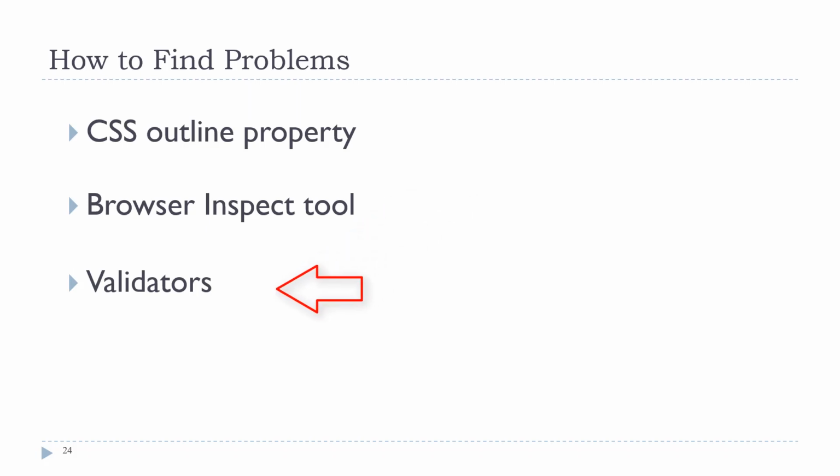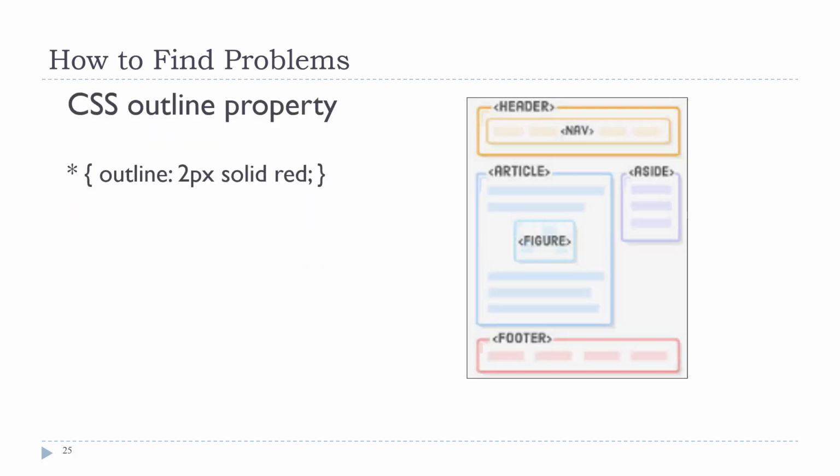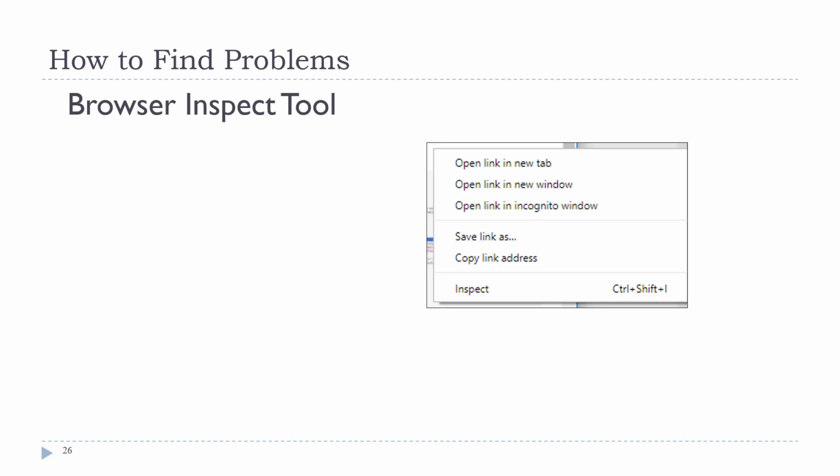You also want to use validators. Validators can be very useful in pointing out errors to help you understand why your styles or your layout is not acting as you expect it to. So here is an example of applying the CSS outline property, so we can actually see where things are. And this is an example of using the browser inspect tool.